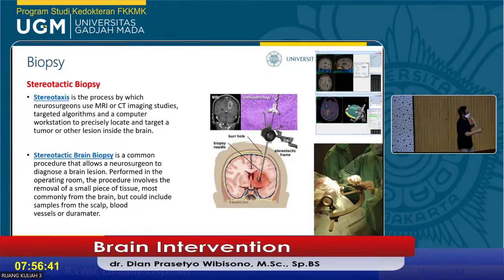Using a small needle like this, put in the hardware, we can achieve the target specifically and very, very precisely. The range of error is not more than 0.1 millimeter, because it is already calculated in the software.